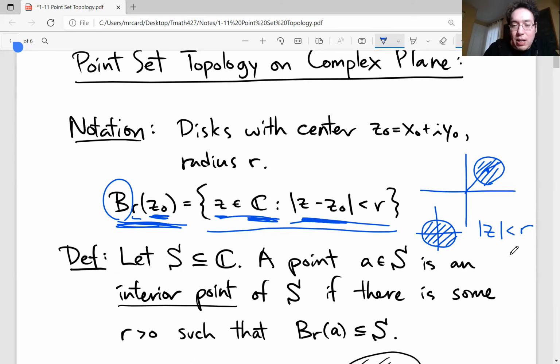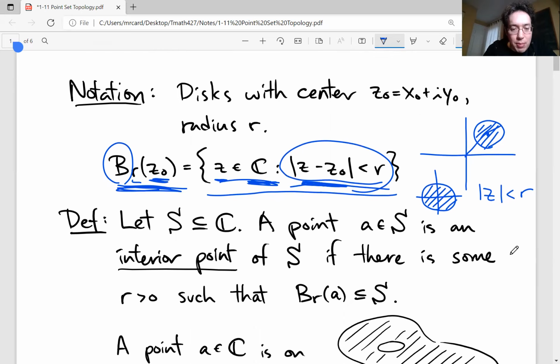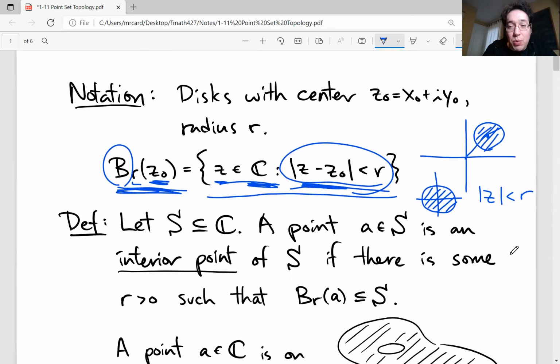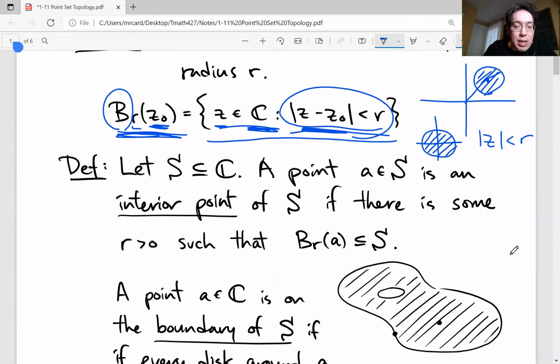So this is a disk of radius R centered at z naught. And that's the quick way to write that condition. We'll be using that notation a lot.